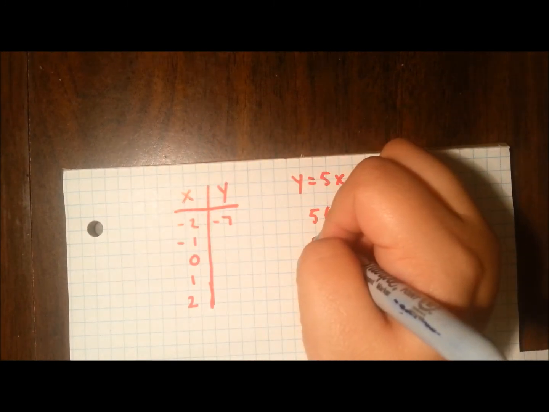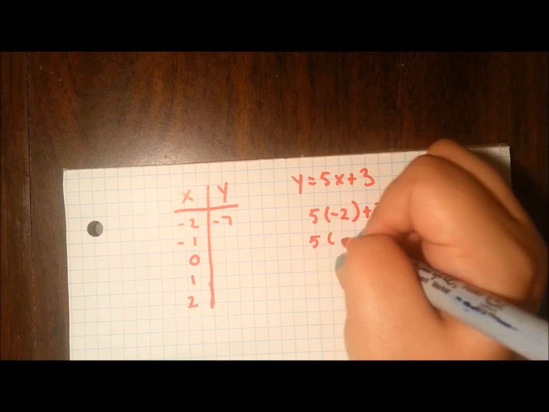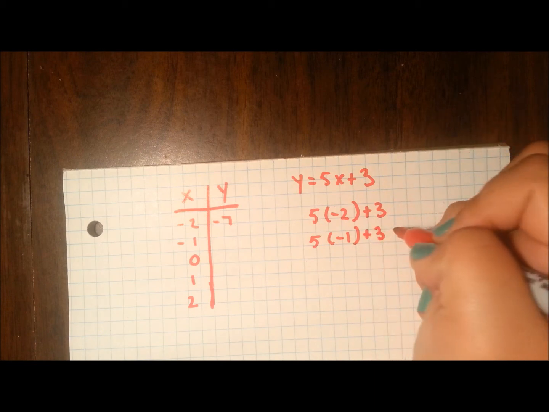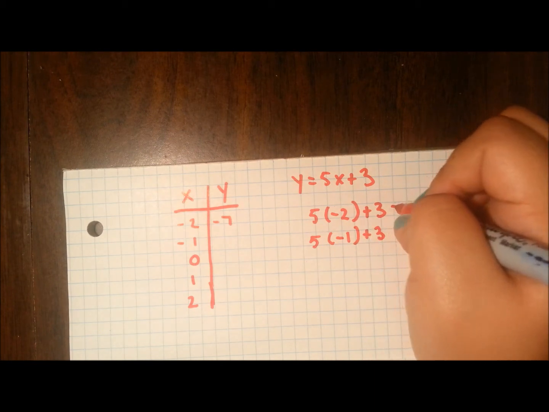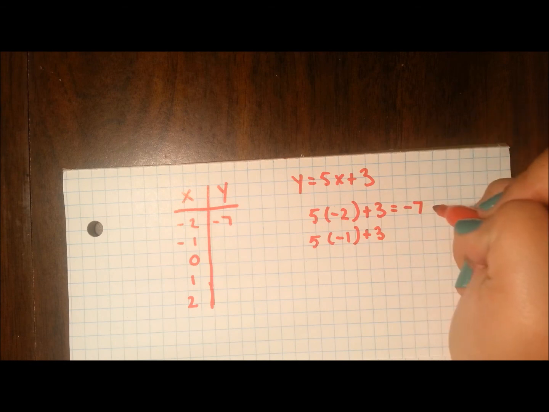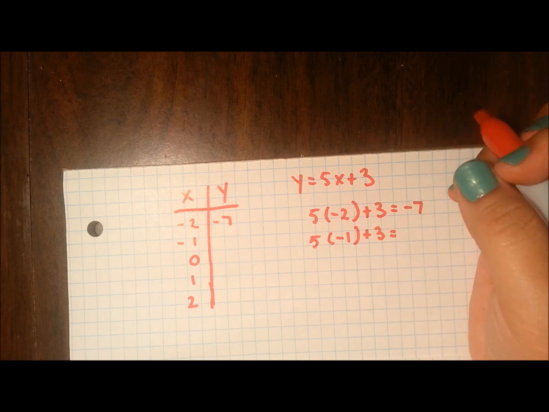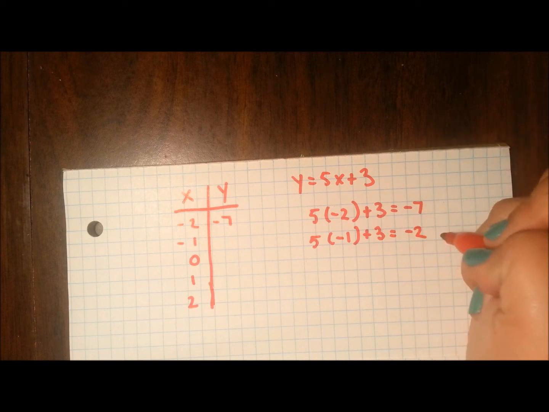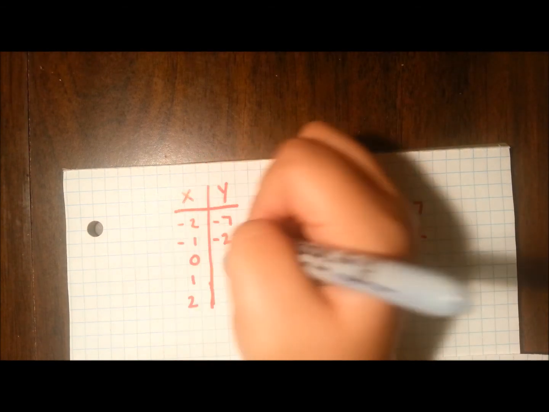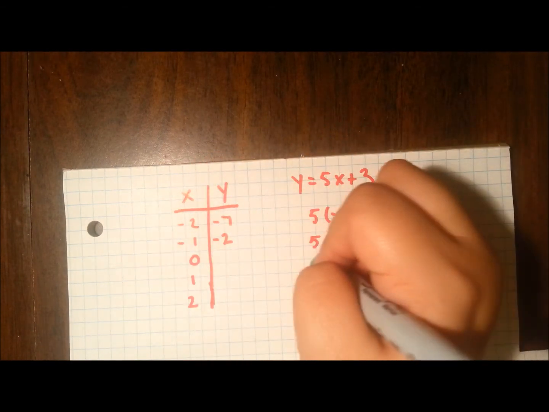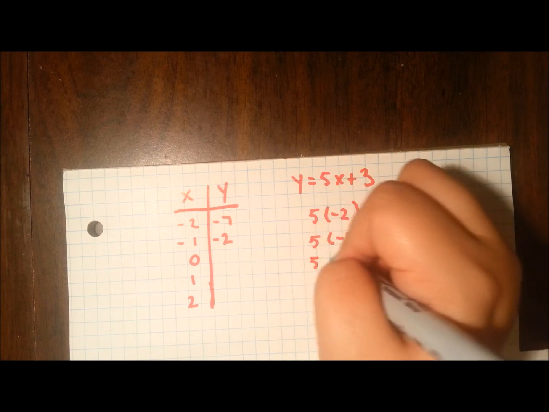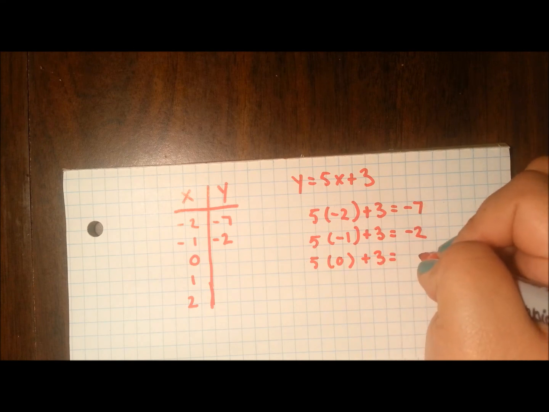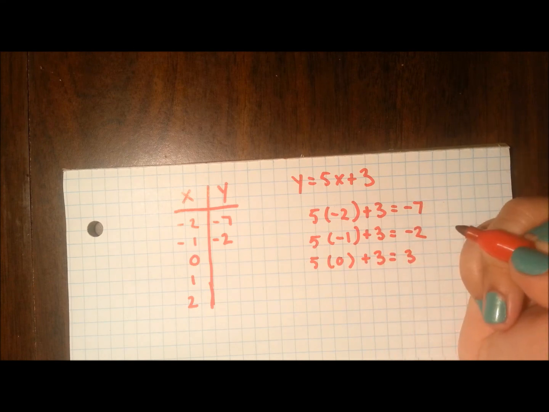And you're going to do this for each x value that you have. So 5 times -1 plus 3. Let me go ahead and write these out to the side. That's going to be -2, the corresponding y value for that x. And now for the 0, that's 3.